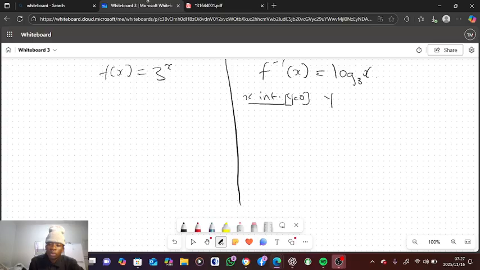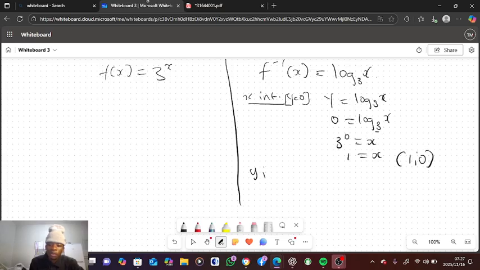So y is equal to log base 3 of x, so 0 is equal to log base 3 of x. This is the same as 3 to the power of 0 is equal to x. 1 is equal to x. So our first x-intercept is (1, 0).